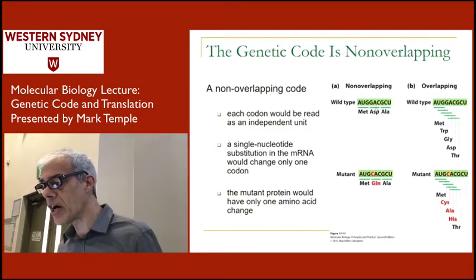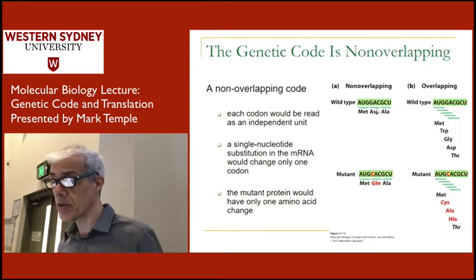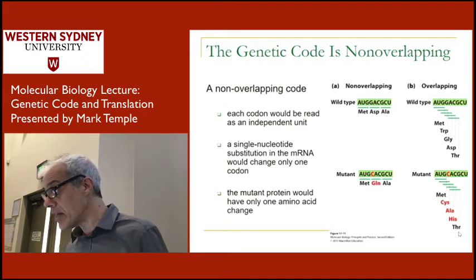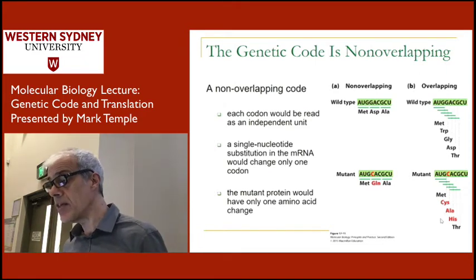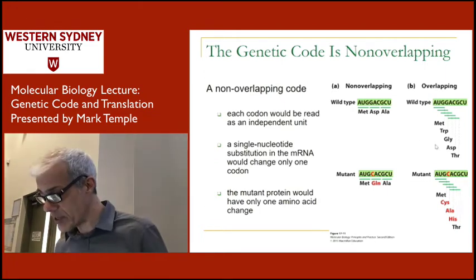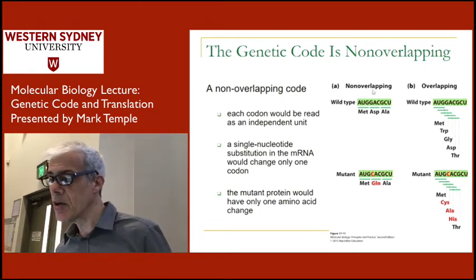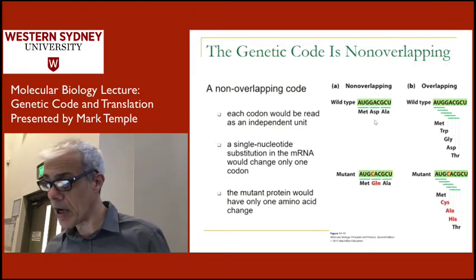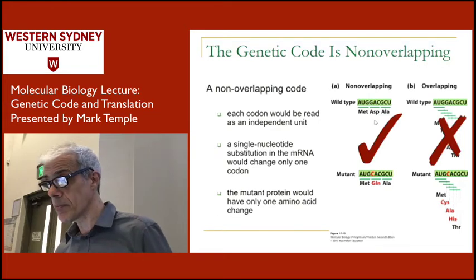And if that one nucleotide change caused one amino acid change, then it meant it was a non-overlapping sequence. Whereas if that one nucleotide change caused 3 amino acids in a protein to change, then it would have been an overlapping genetic code. Okay? So they did these kinds of experiments and determined that a single base pair changed one amino acid, and therefore it was a non-overlapping genetic code. Okay?